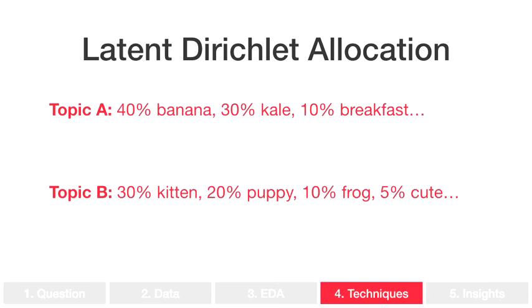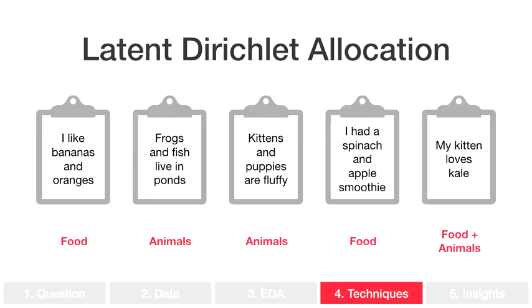So what do you think topic A might be about? Food, right? And what would topic B be about? Animals. So now you can go back to your documents and say, that document's about food, that's about animals, this one's about food and animals. So that's the whole idea of topic modeling. I have these documents, I don't know what the topics are, but then I can figure out what the topics are and then see for every document what's the mix of topics, and for every topic, what's the mix of words.